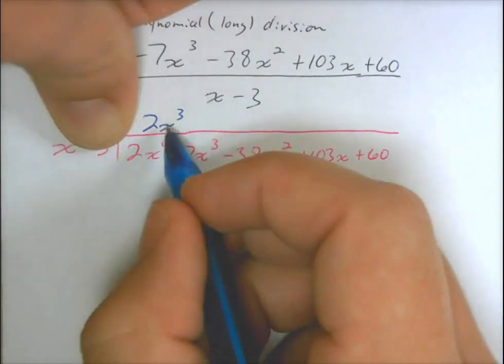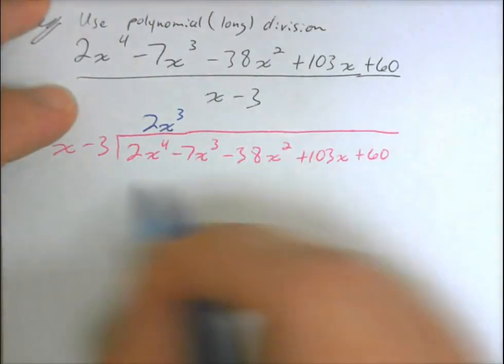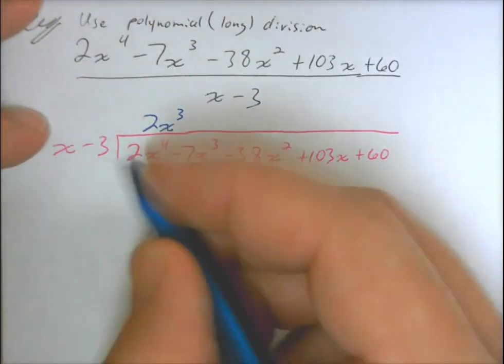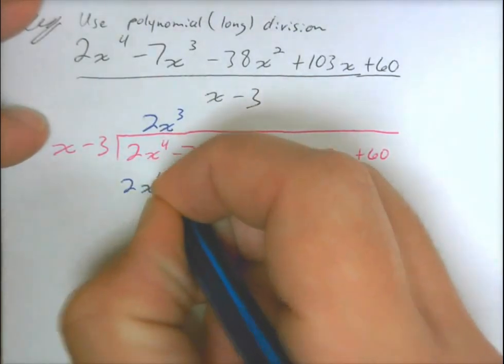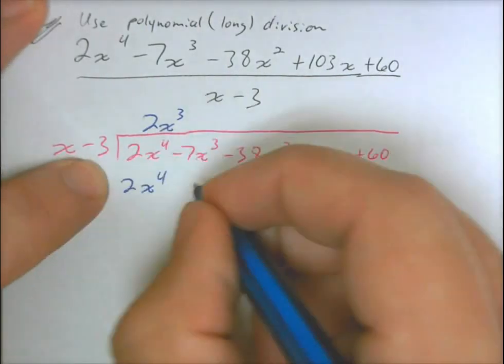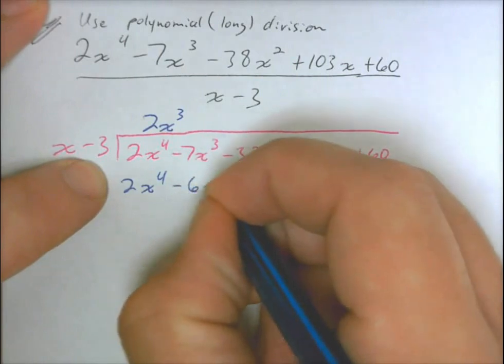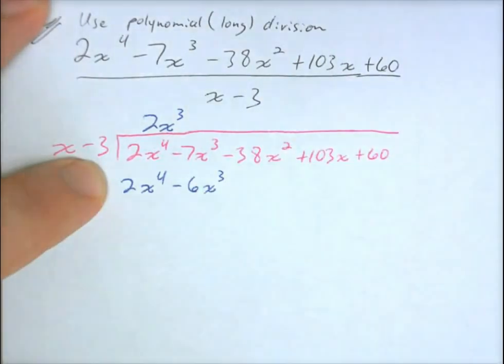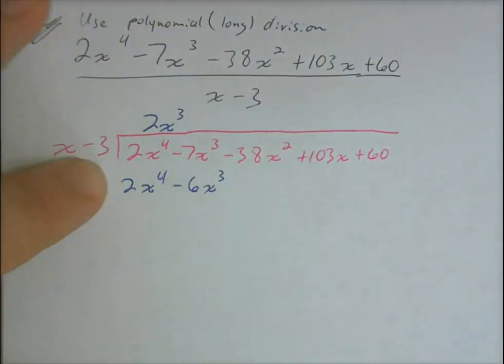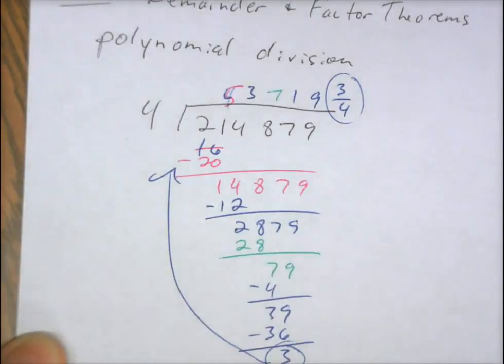So now when I multiply this, 2x cubed times x is 2x to the fourth, times the -3 is minus 6x to the third. And then I'm going to subtract this line, because we always subtracted the lines.